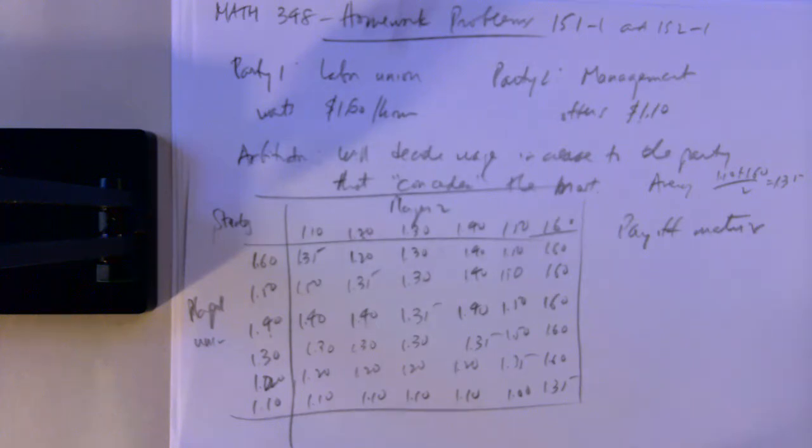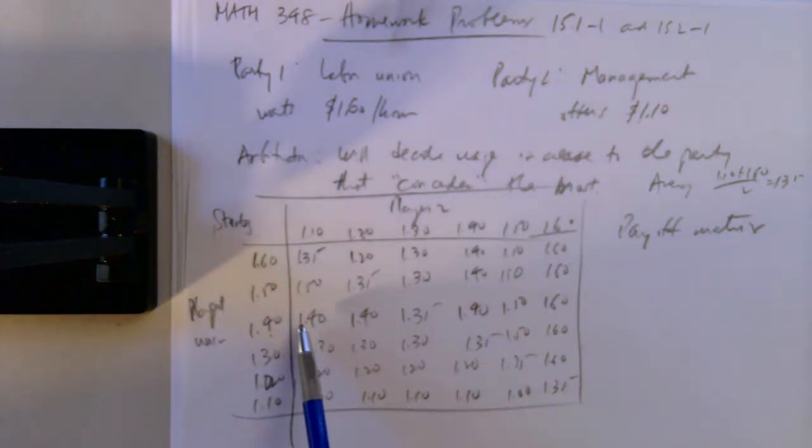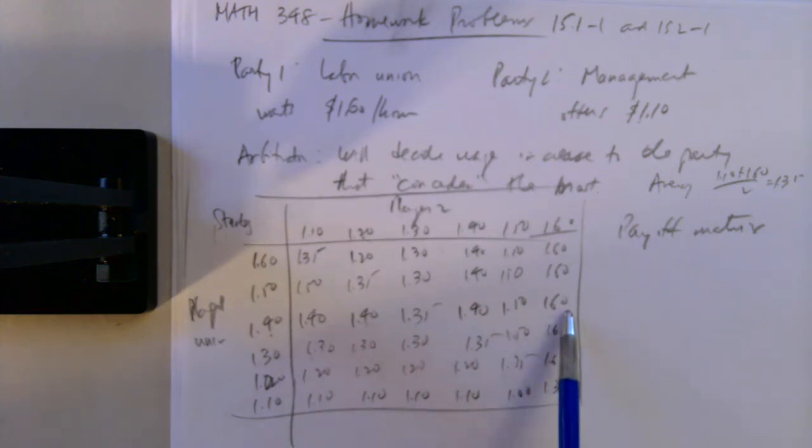Dominated strategies. Well, for the union, is there any strategy that dominates every other? Well, the union wants to have the highest possible payoff for its members. So, for example, that means a strategy dominates another if the number in every row is bigger than in another row. For example, for the union, strategy offering 140 is always better than offering 130, because in every case, the members get more.